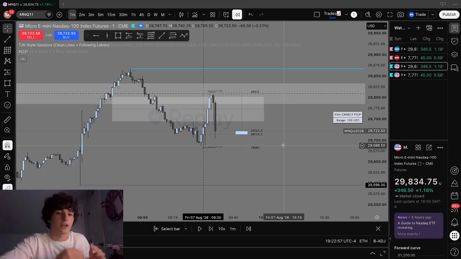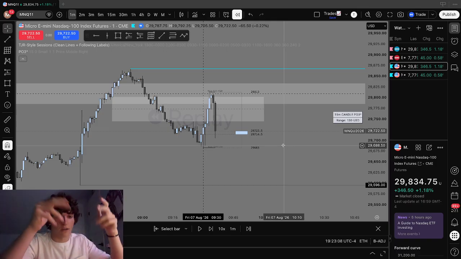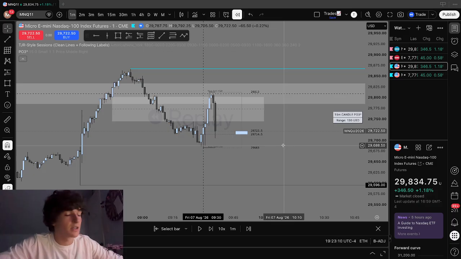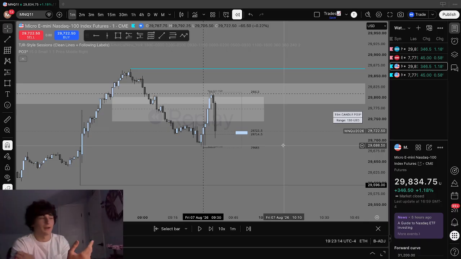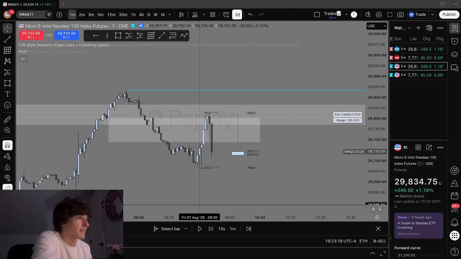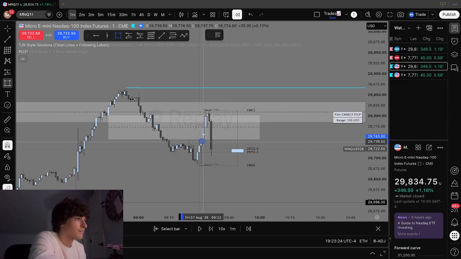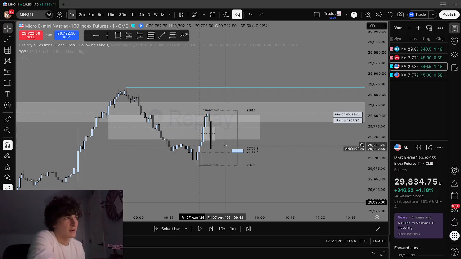There has to be certain confluences to make sure it's a high probability trade. The only thing wrong with this trade is that there was no LR built up at the bottom, and I didn't even know that at the time. But still, that is my fault for not knowing that.